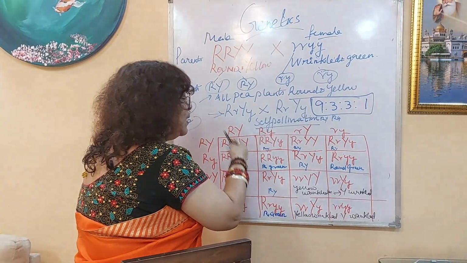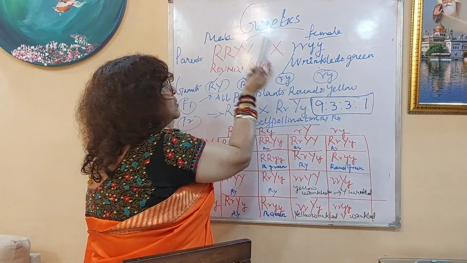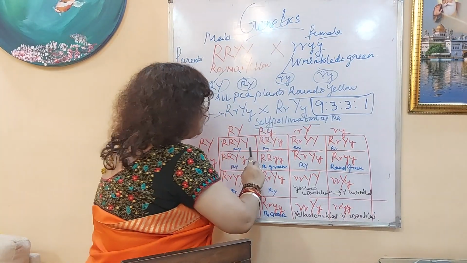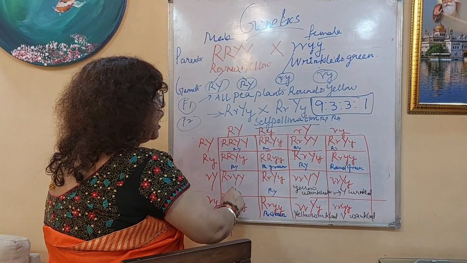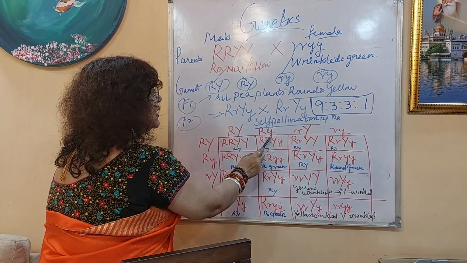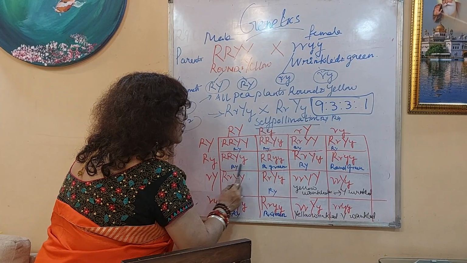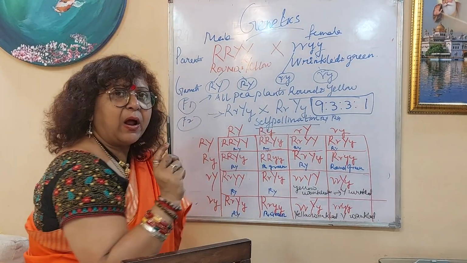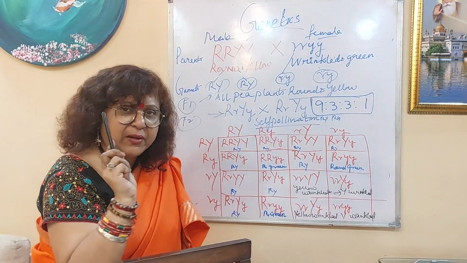Round is also a dominant character, yellow is also a dominant character, represented by capital R, capital Y. So in this whole thing you have to find out how many are round and yellow. He found 9. First, second, third, fourth, 5, 6, 7, 8, 9. Round and yellow. First phenotypic ratio.